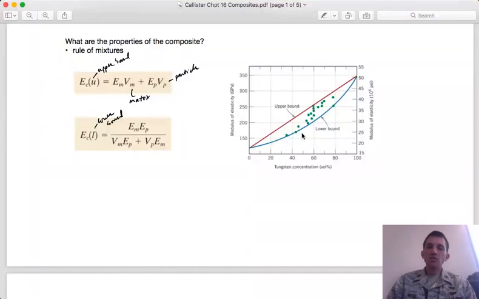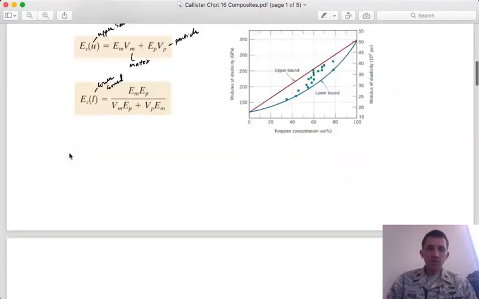All of those things still apply, and so we see here that we get some scatter when we test our samples. But at least in this data set, it falls nicely between this upper and lower bound, which gives you a range of the properties that you can expect.